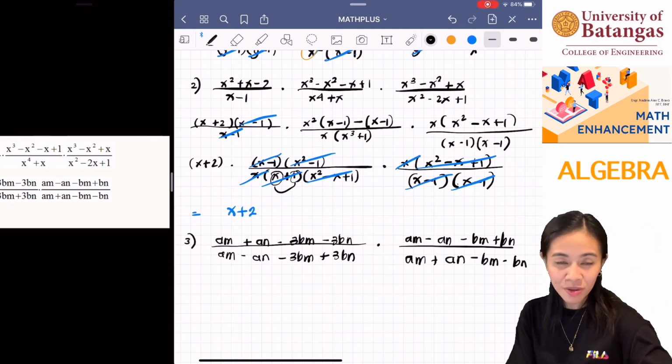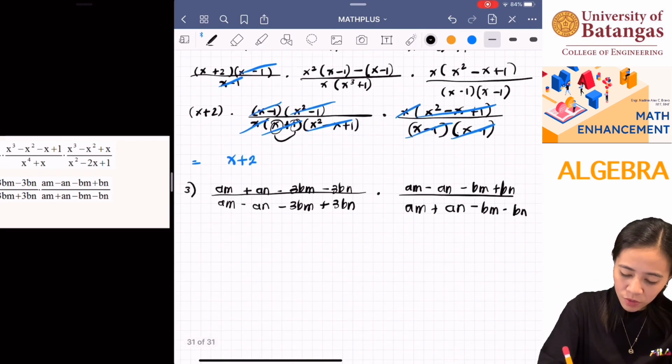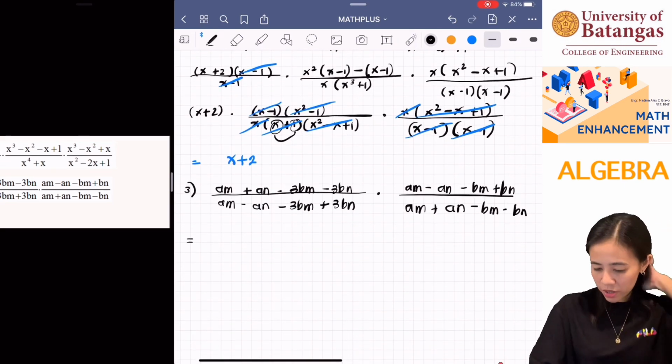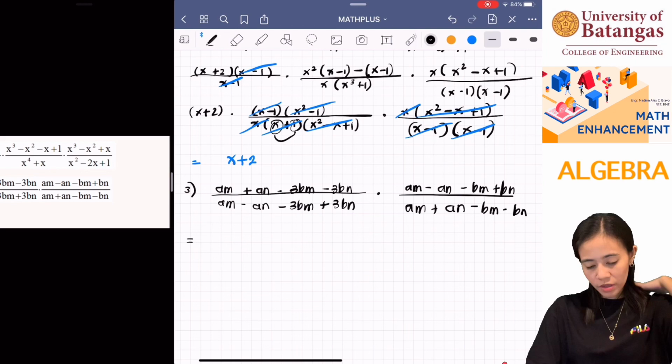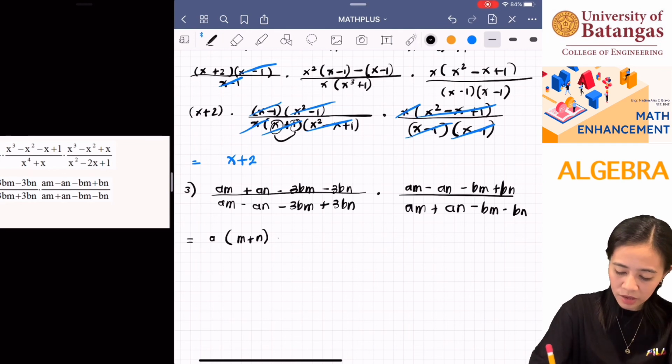Okay, factoring by grouping lahat ng numerators and denominators. So, I can factor out a times m plus n. I can factor out negative 3b times m plus n.